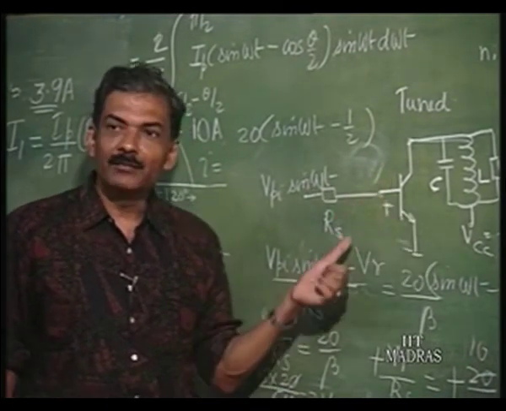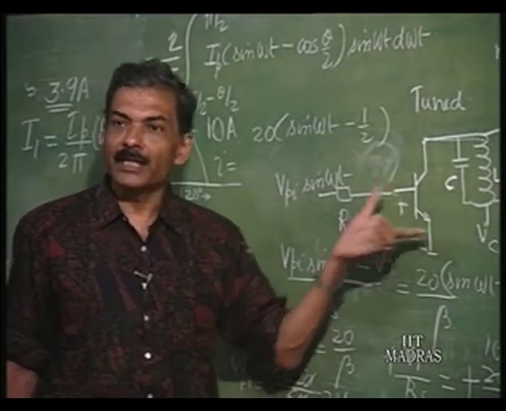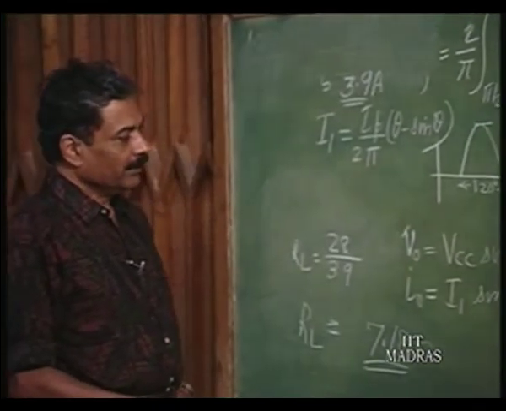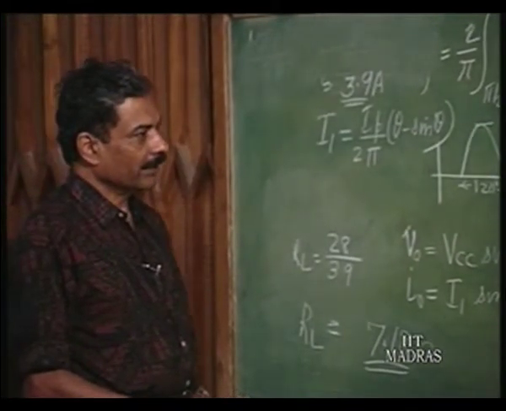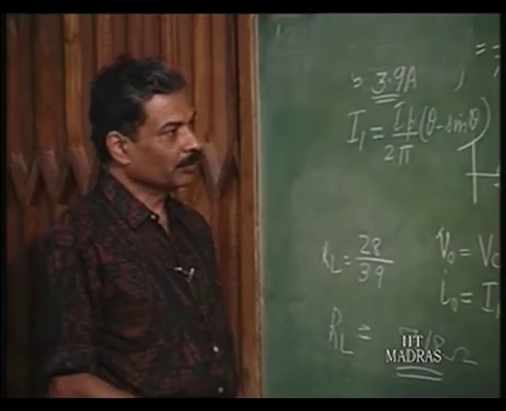The current is beta times less, so it is going to be pretty small, but it may not be negligible. So, this is the effect of the current drive for the class E output stage.